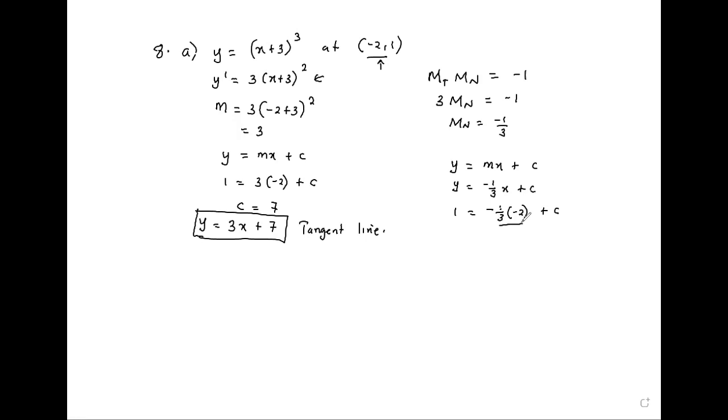We take this the other side, we have 1 minus 2/3 is equal to c, meaning that c is equal to 1/3. So we have the equation y is equal to -1/3 x plus 1/3. So again, at the point (-2, 1), this is the normal line.